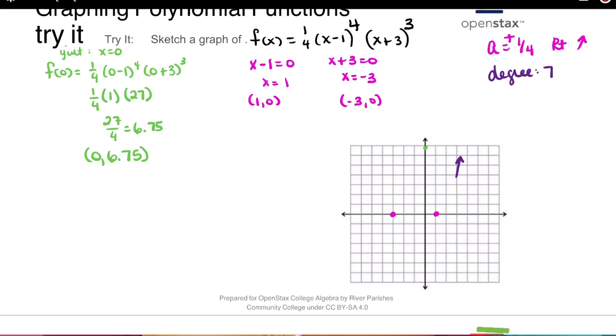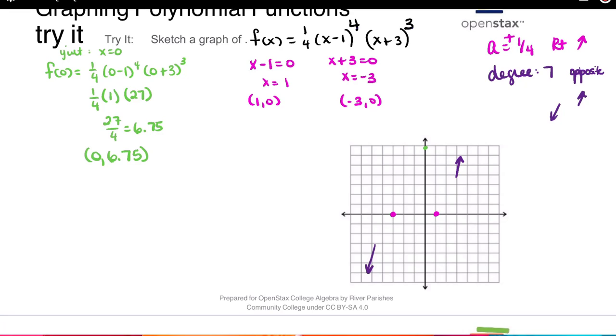Because that's odd, the left behavior would be opposite. So the left is pointing down, the right is pointing up. So as x approaches negative infinity, f(x) approaches negative infinity. As x approaches infinity, f(x) approaches infinity.